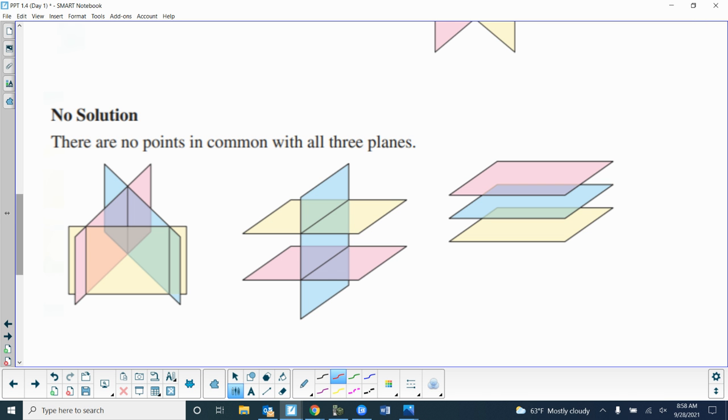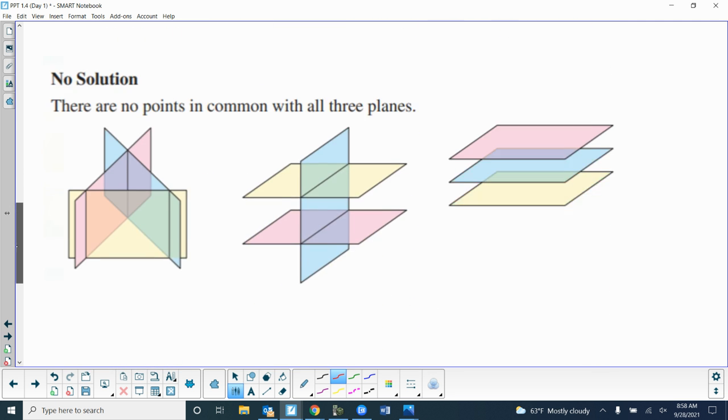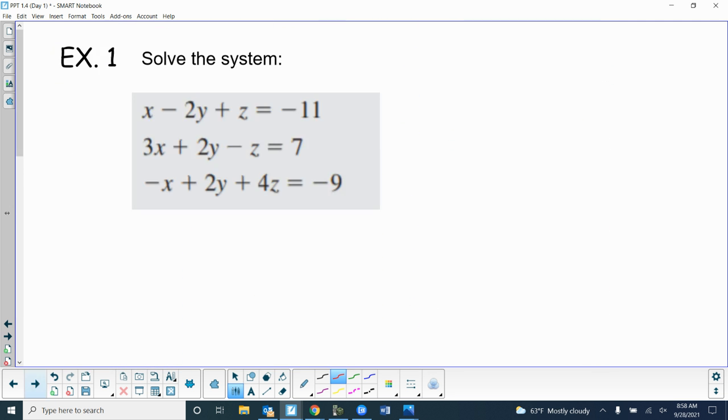So, again, we're just going to use our calculators to do this. So make sure that you pay attention as we go through this. So here's the first example. We have this 3 equation, 3 variable system.